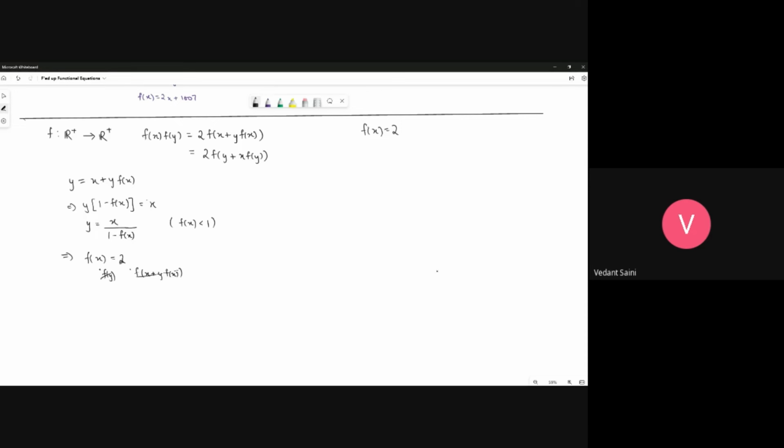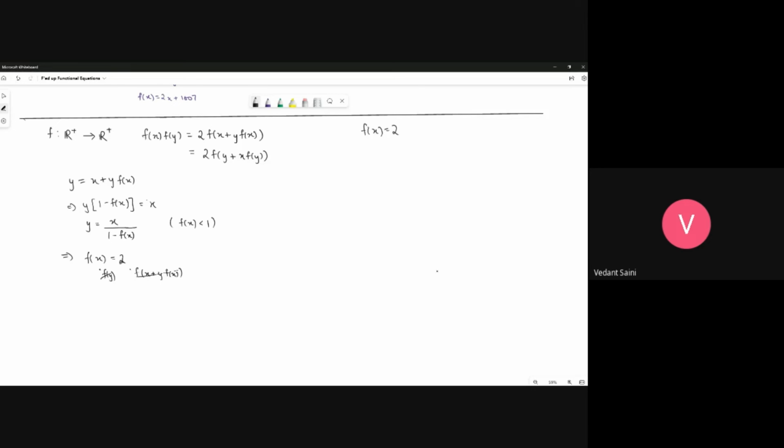Okay, f of x equals x plus 2 works. Cool. Does it? Maybe not. We have a factor of 2 here. Factor of 2 messes things up. That doesn't work, I guess.